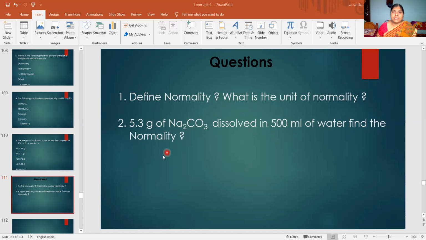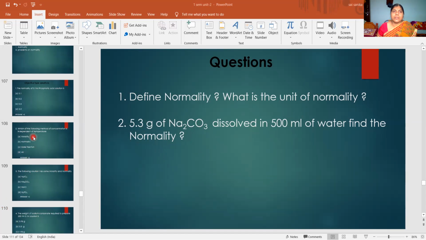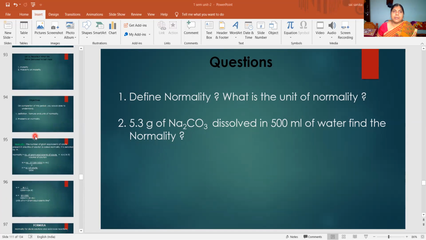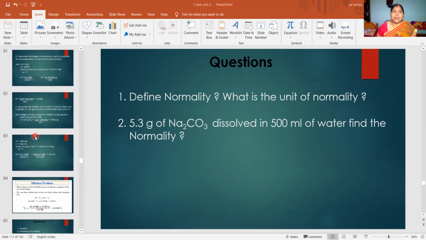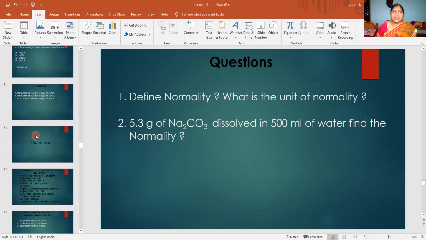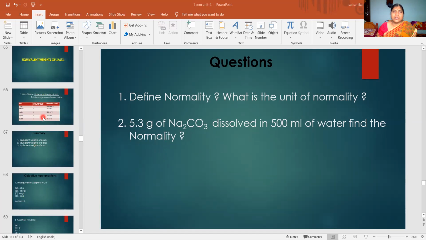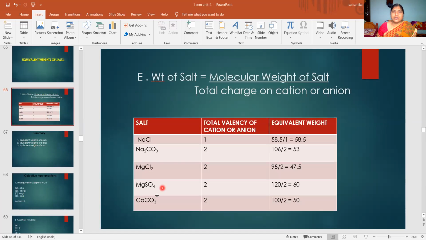So what is the formula here? Normality is equal to W by GEW into 1000 by volume in ml. Weight is 5.3. What is the GEW of the salt Na2CO3? Here the molecular weight is 106, divided by 2 since its charge is 2, so 53.